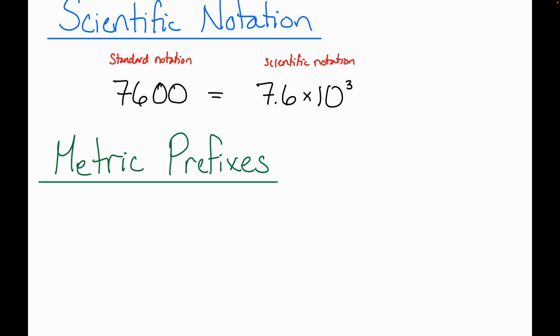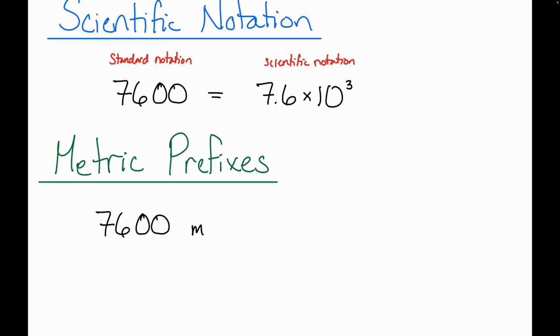And we want to be able to convert in and out of these different prefixes, okay? So first of all, if I took a number like 7,600, and we're going to put some units on that, let's say that we're talking about meters.